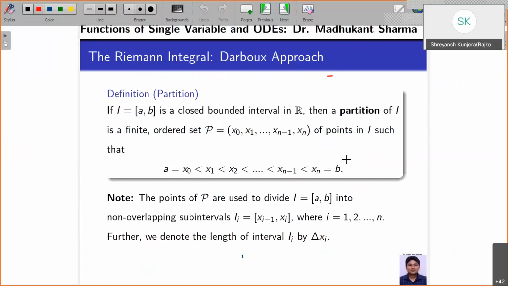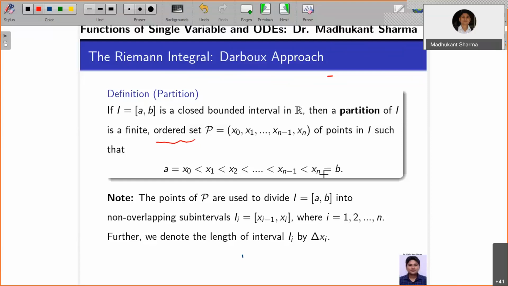So let's come back to our business now. Okay. So the Riemann integral, Darboux approach. Now let's try to understand. So let's first understand what is the meaning of partition. Partition means if I is an interval in R, then a partition of I is a finitely ordered set. What is the meaning of ordered set? They are in increasing order: x naught less than x1 less than x2 and so on.